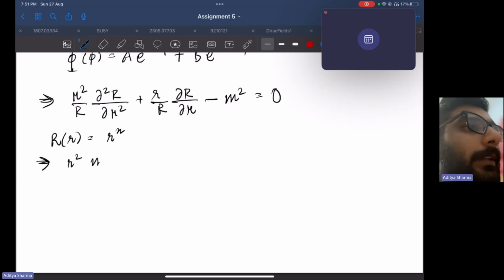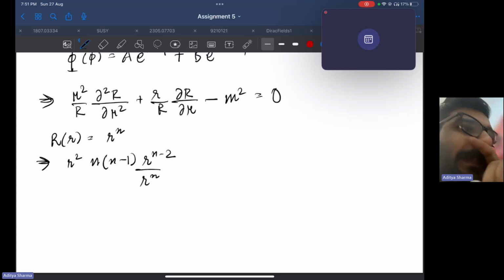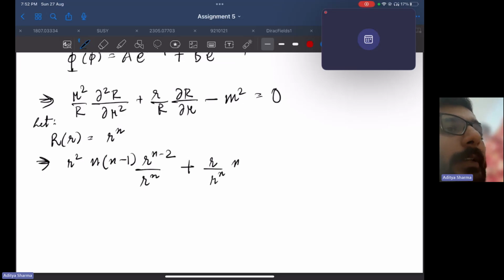The first derivative will give n r to the power n minus 1, and the second gives n times n minus 1 r to the power n minus 2, by r to the power n, plus r by r, which is to the power n times r by r, which is n minus 1, minus n square equal to 0.